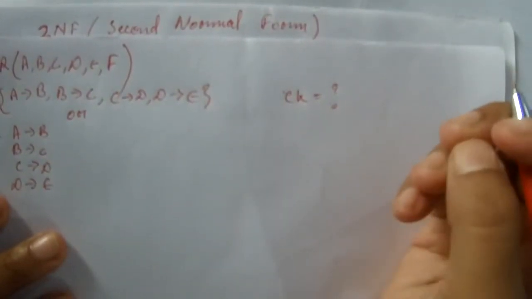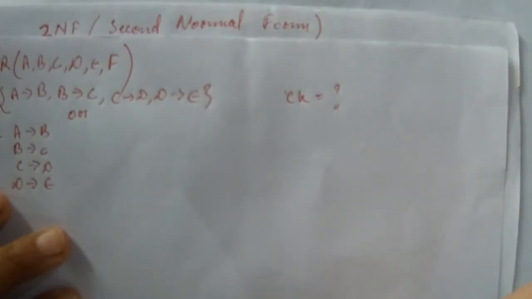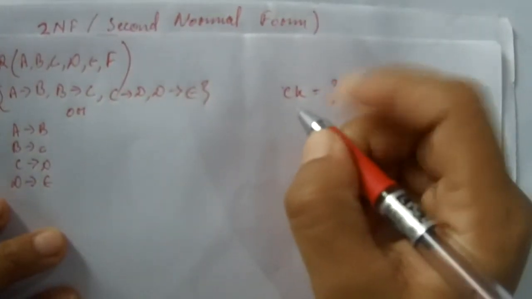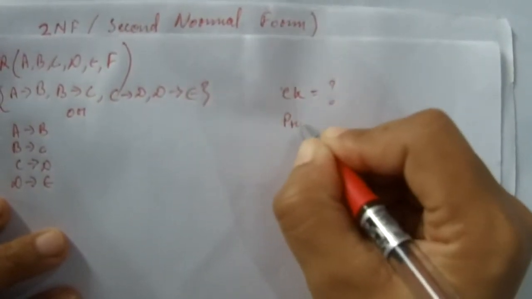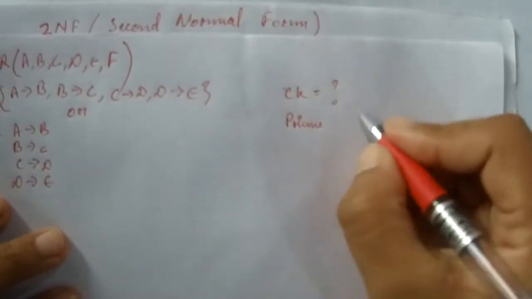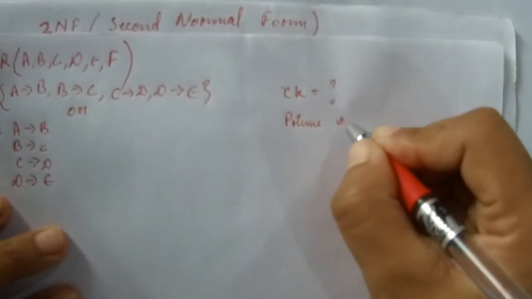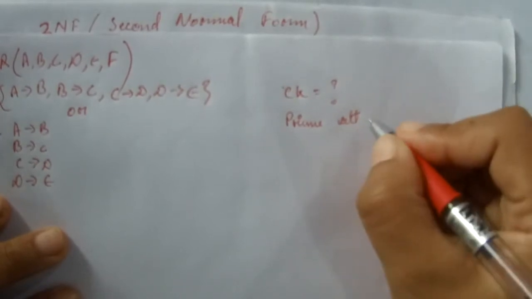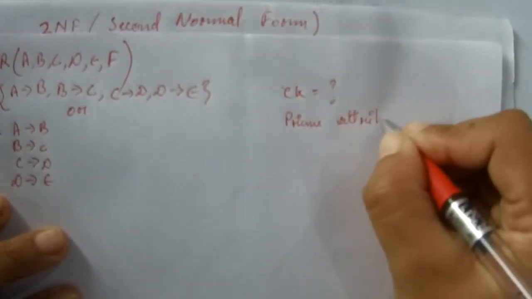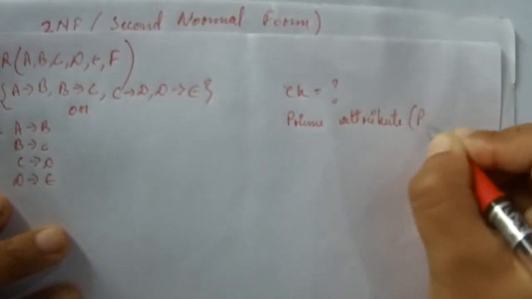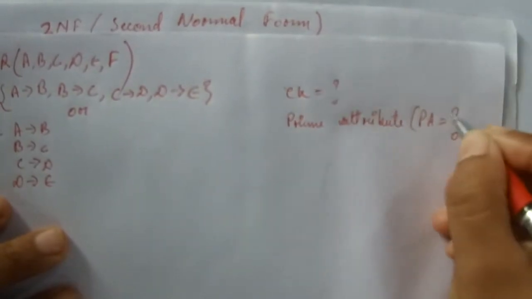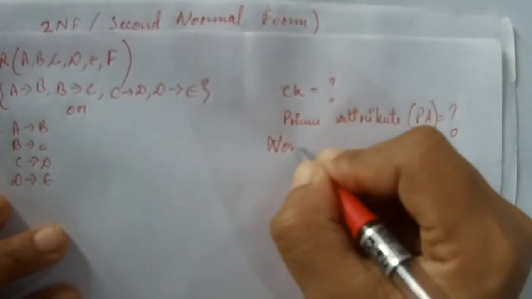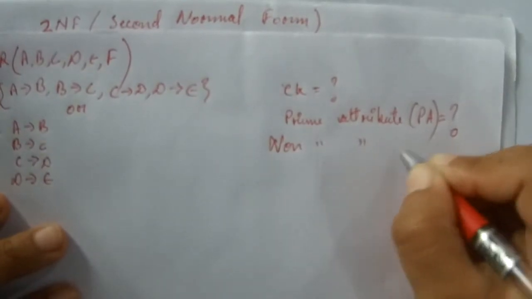As I have said, a candidate key is a minimal super key. Next we have to find the prime attributes and non-prime attributes.